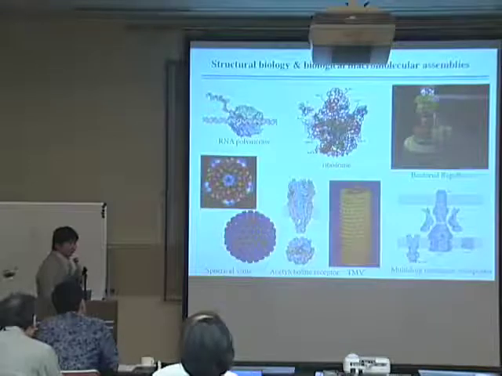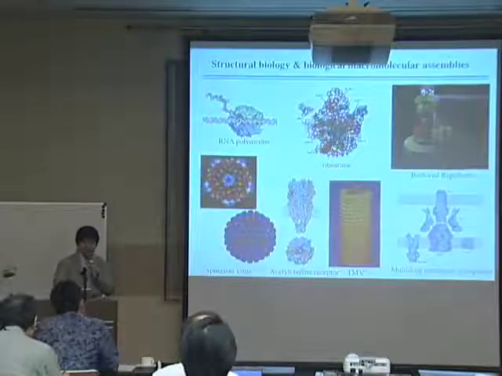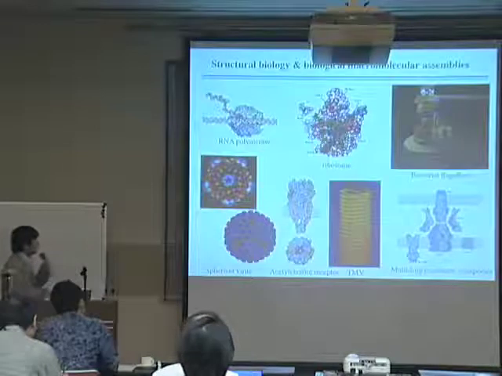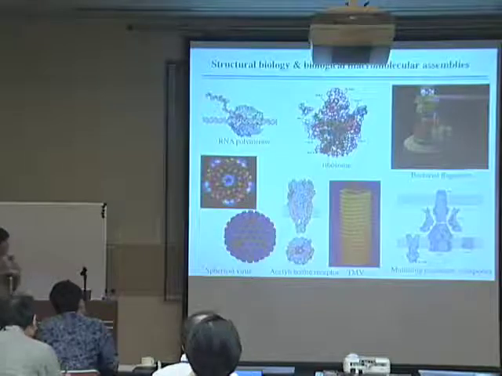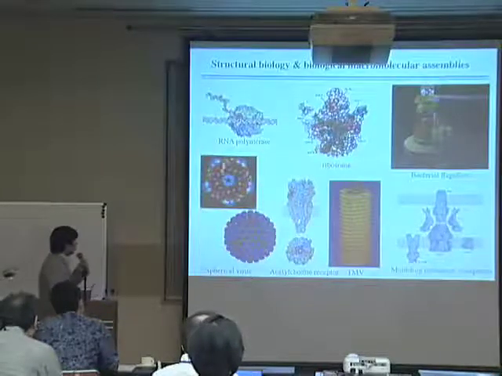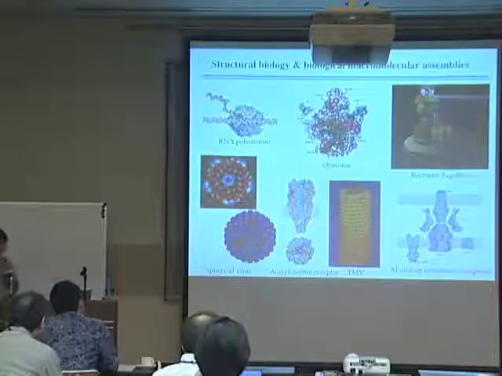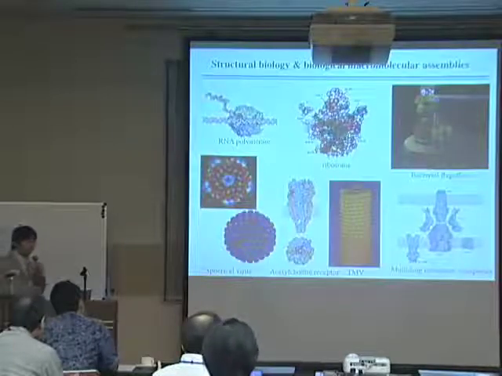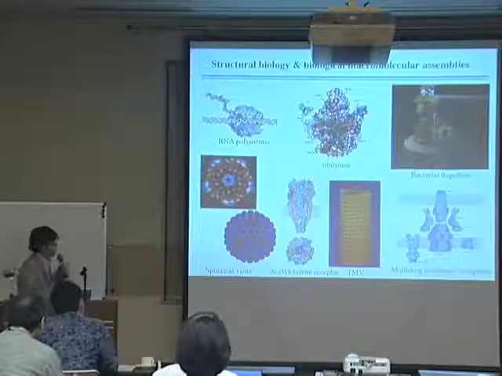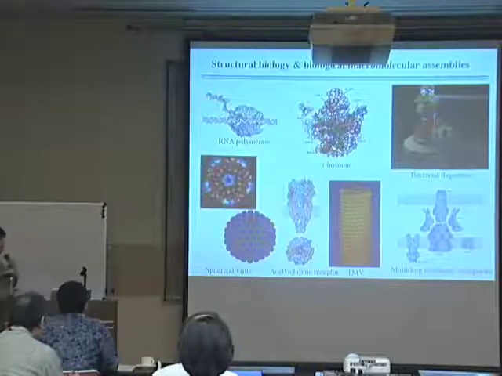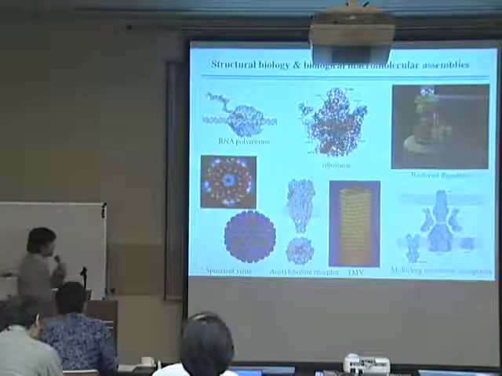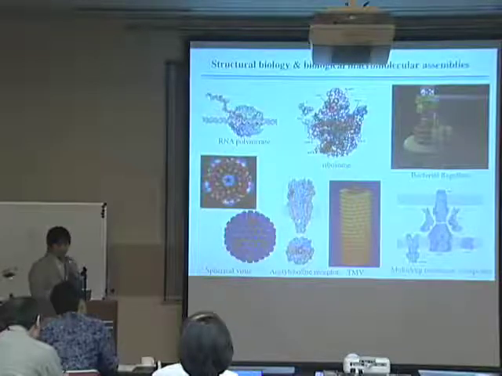This year's Nobel Prize in chemistry was awarded for the structural analysis of the ribosome. The virus itself is a huge macromolecular protein assembly, and you know that they infect cells. And this is my research target.